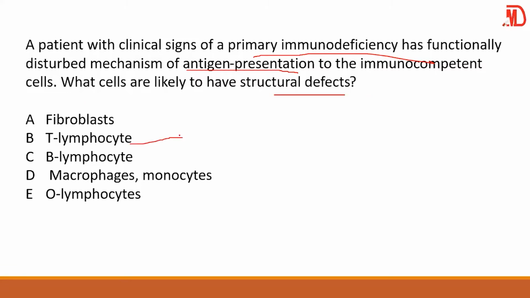So don't confuse what I've just said. Of course, we know that the cells that are targeted are the T lymphocytes, the T helper cells. However, when it comes to the antigen presenting cells, we are dealing with macrophages. Inside the blood, we call it monocyte. Inside tissues, we call it macrophage. So here, we are looking at macrophages and monocytes.